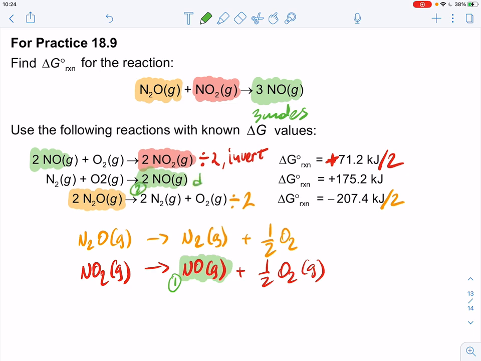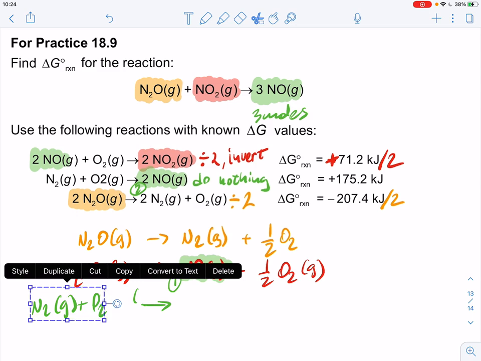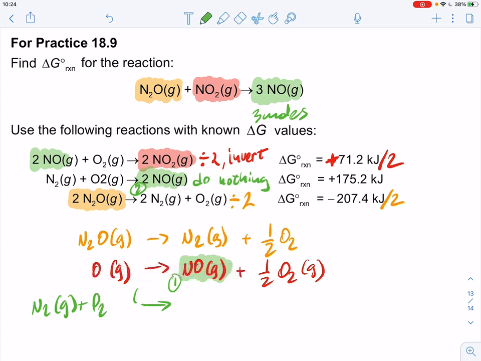So basically, you do nothing to this reaction. So you keep it as it is. So we have nitrogen as a gas plus oxygen as a gas, and we obtain 2 moles of nitrogen monoxide. Okay, and that enthalpy stays as it is. You don't change it, you don't modify it.